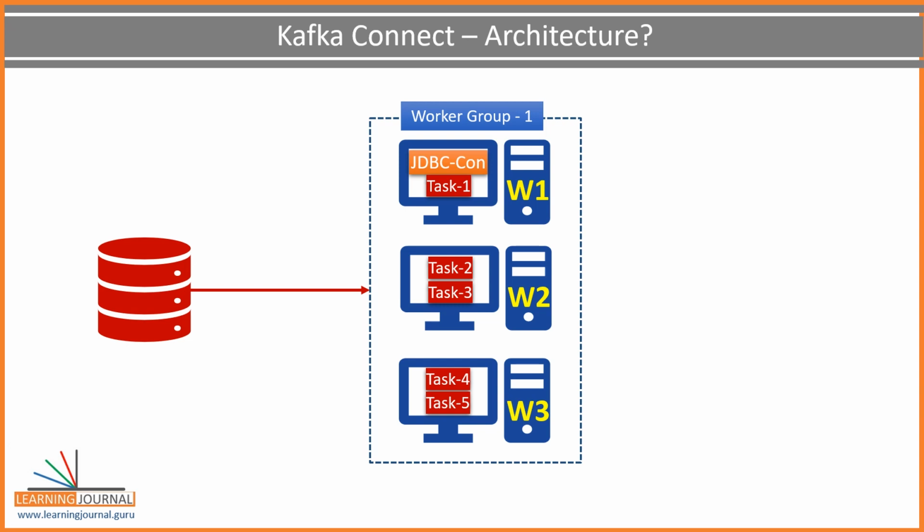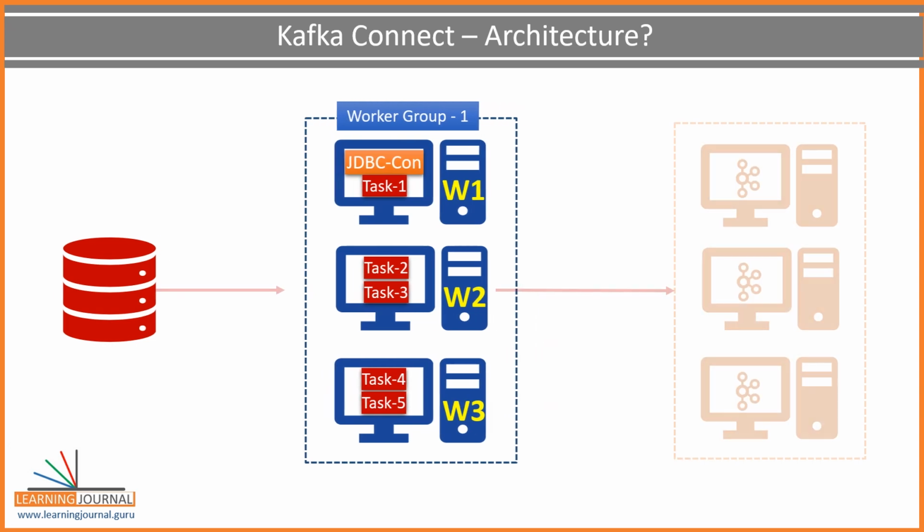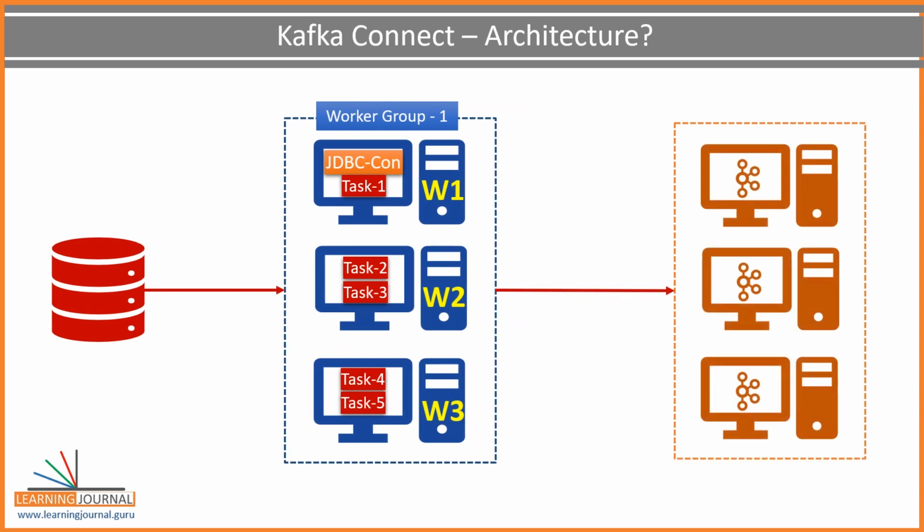The task is only responsible for interacting with the external system. The source task will hand over the data to the worker, and the worker is responsible for sending it to Kafka. In the case of the sink task, they get the Kafka record from the worker, and the task is only responsible for inserting the record into the target system.